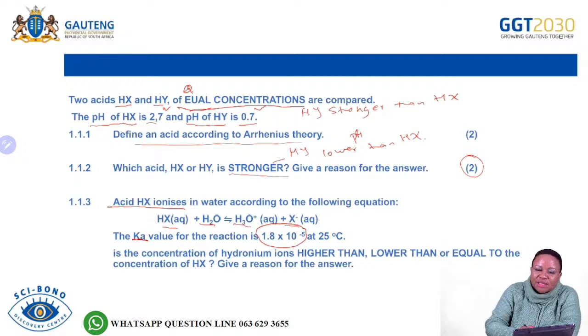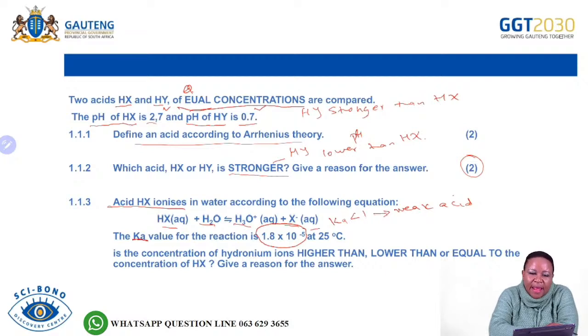If you can see that it's to the power of -5, it means this Ka value is less than 1. And if the Ka value is less than 1, already you know that you have a weak acid. And what is a weak acid? An acid that ionizes incompletely to give you a low concentration of hydronium ions.